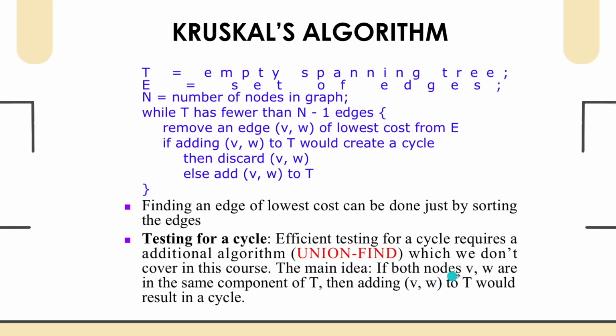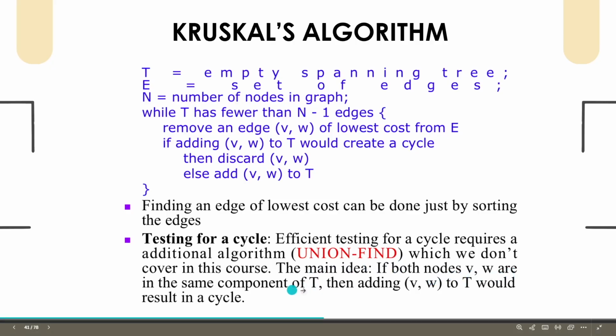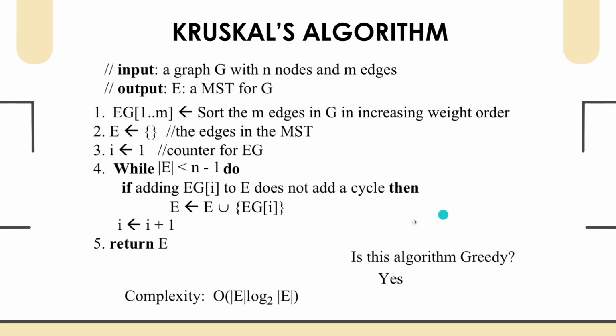So, if both the nodes V and W are in the same component of the tree, then adding the edge between V comma W would probably result in a cycle, and so we try to avoid that with this algorithm. Of course, we are not going to focus much on this algorithm. We will see how it actually works while solving the problem.